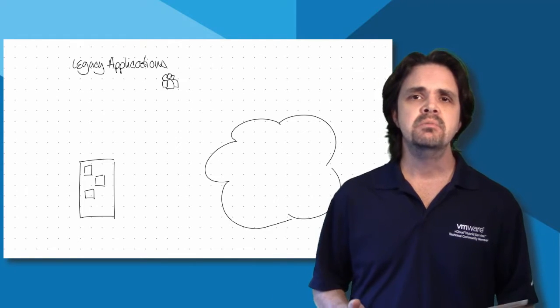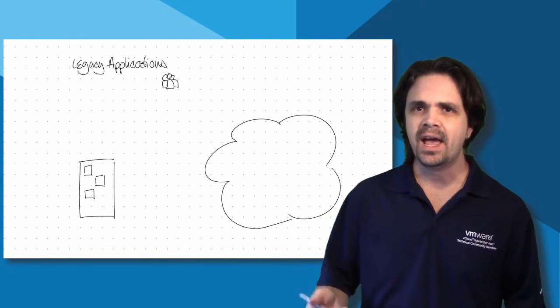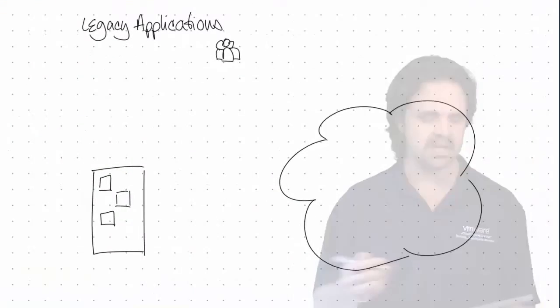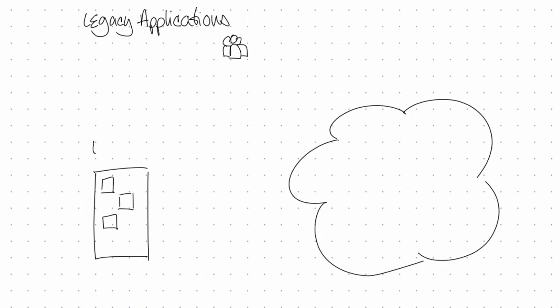You see, most customers are going to have legacy applications set in stone inside of their existing data center. And then they're going to have all of their new applications being built out with their cloud provider. For most of them, they're fine with where they are with the new applications.